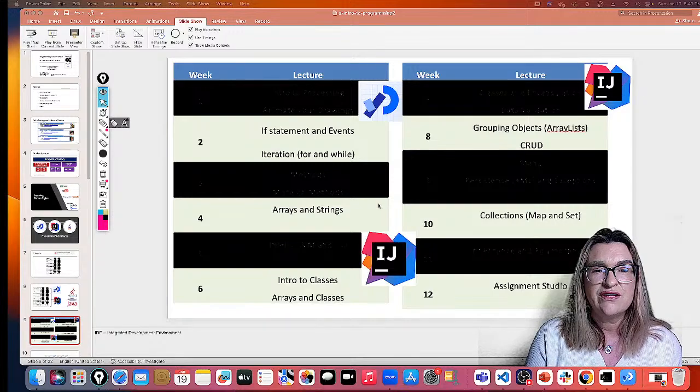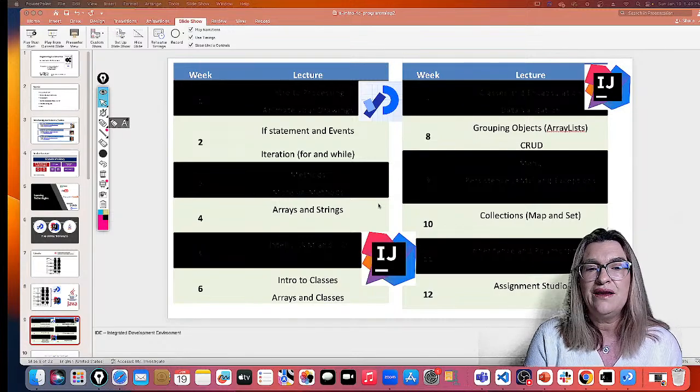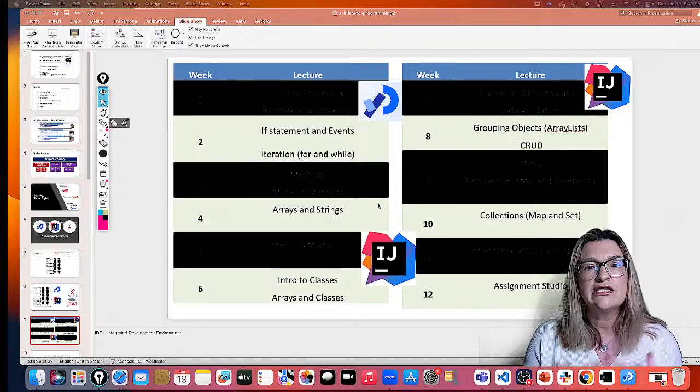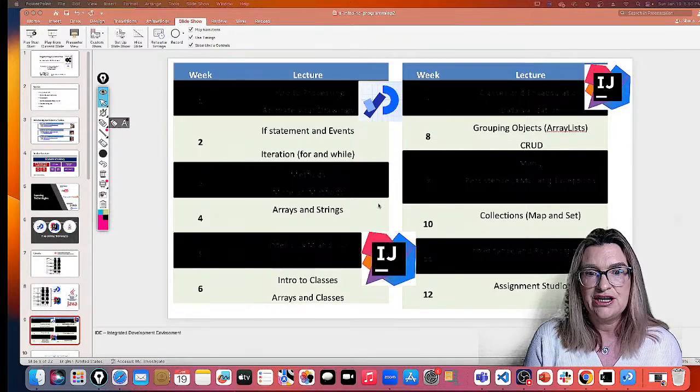So after our first 4 weeks, on week 3, you'll have got your assignment. So you'll be working away at it steadily. You'll finish it off over a reading week, and then we'll come back in week 5 and you'll be ready to go again. So in week 5, we're going to learn all about IntelliJ.